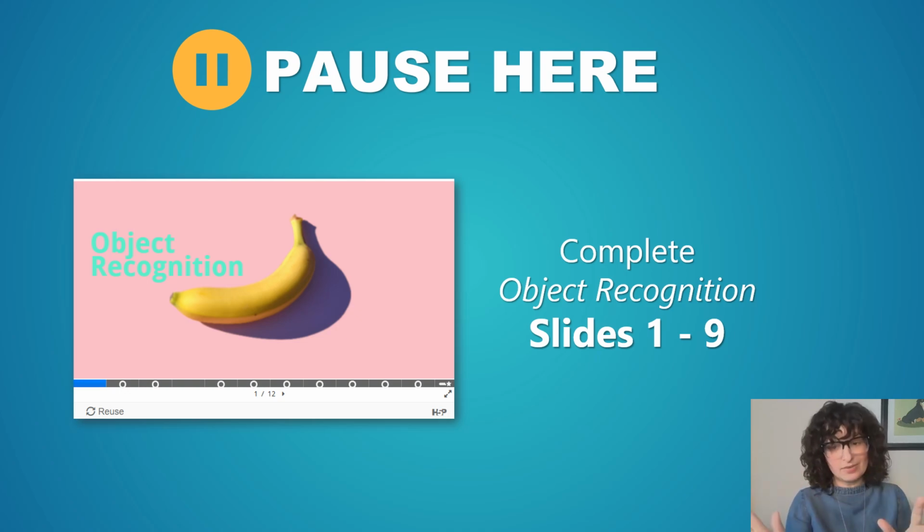Just FYI, for this one, I'm saying just do slides 1 to 9, and then we're about to do Bayesian inference, which are going to be slides 10, 11, 12. But you could stop and do this now.